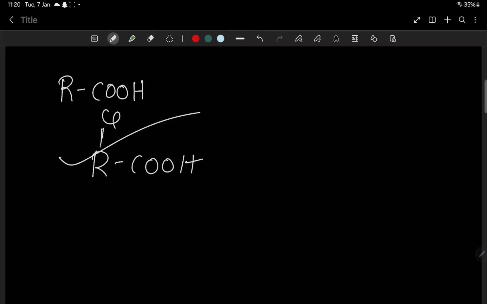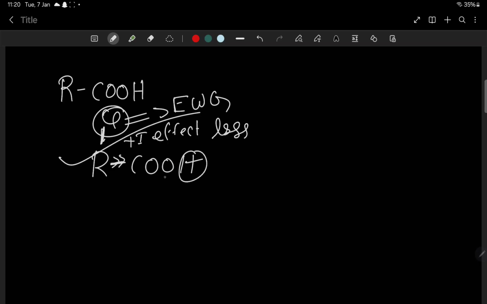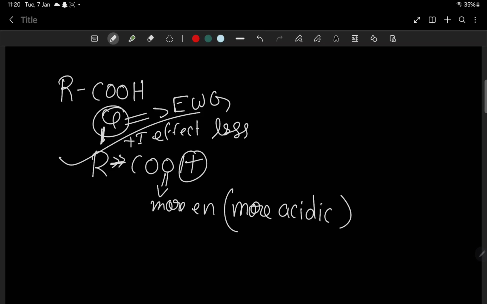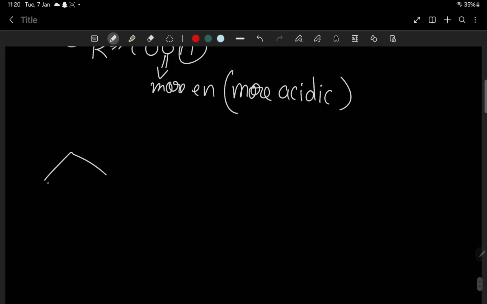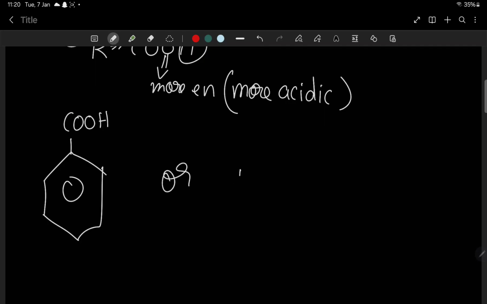This is more acidic because Cl is an electron withdrawing group, so the plus R effect is less, due to the electron withdrawing group. Therefore this oxygen is more electronegative. So what is happening here? This is more acidic, same as we did in phenol and alcohol. Okay. So I'm asking, is benzoic acid more acidic or what?